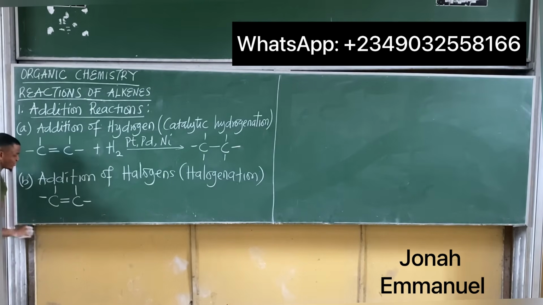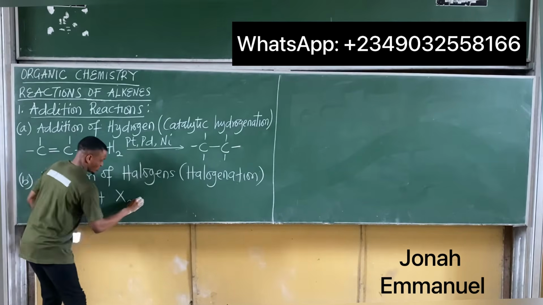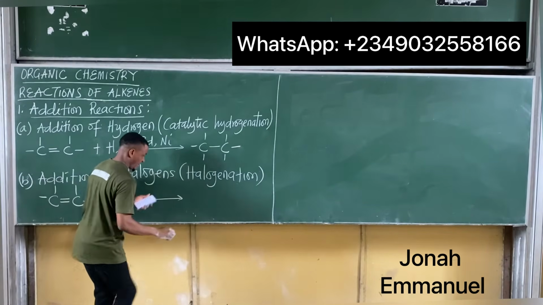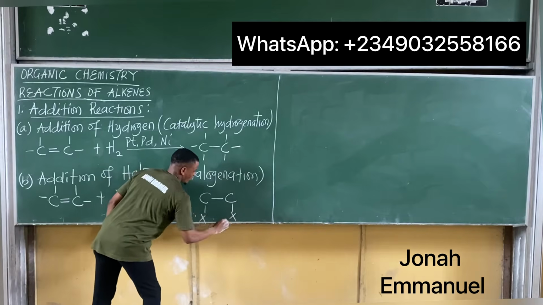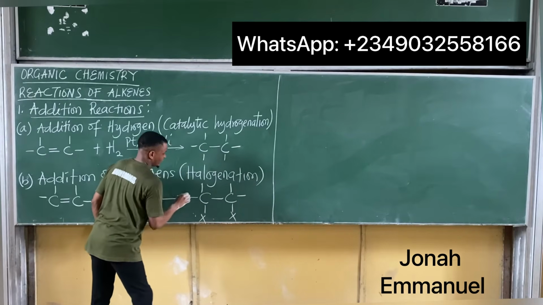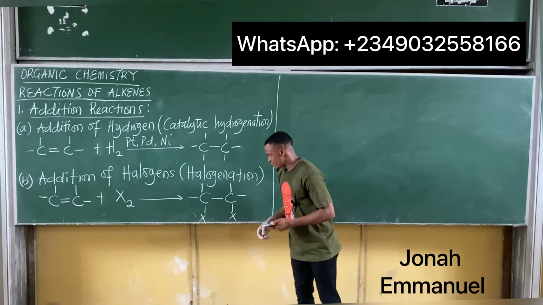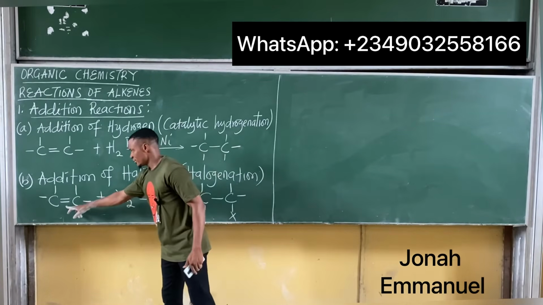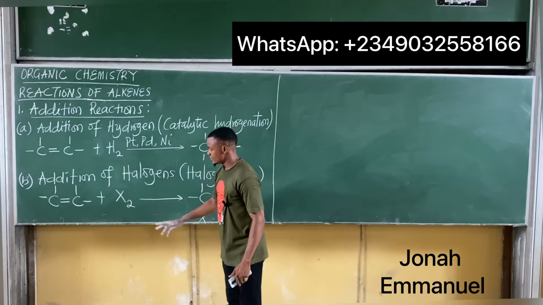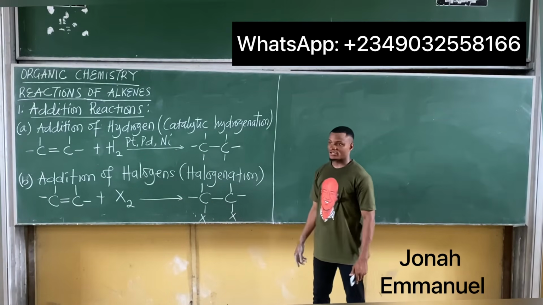I have this, an alkene plus halogen X2 to give you this one here. One X will come here, one X will come here, and I'll have this. That's a dihalide. It's more like saying that an alkene will combine with a halogen to give you a dihalide structure.